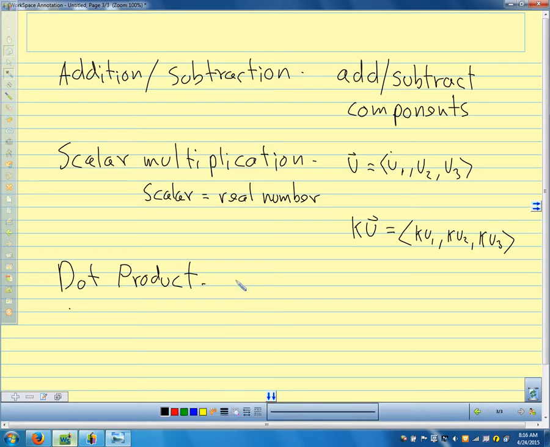Dot product. So if we have u in component form is our vector u1, u2, u3, and v is in component form our vector v1, v2, v3. We wrote u dot v for the dot product. You remember how we found the dot product?